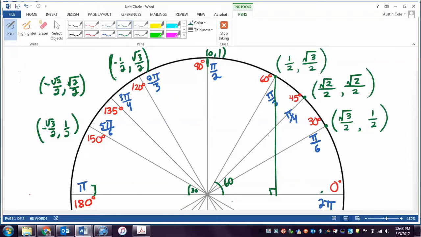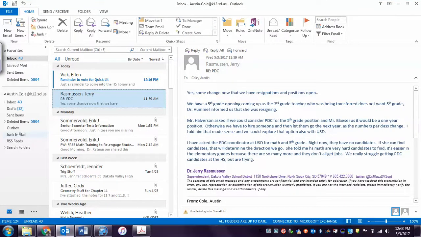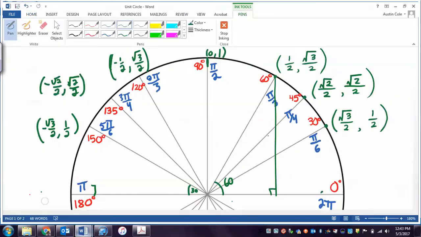Moral of the story here. If we are in quadrant 2, what do we do? Negate an x. Now, if you think about it, in a coordinate plane, points in the first quadrant are both positive, aren't they?